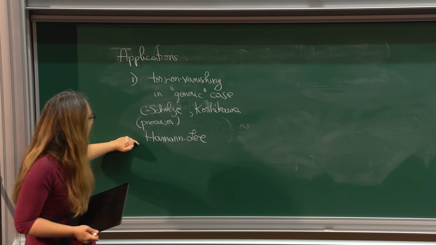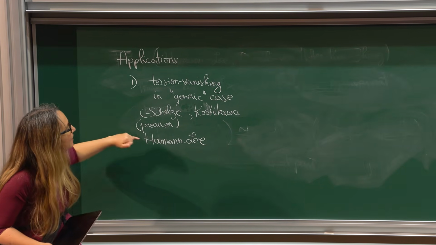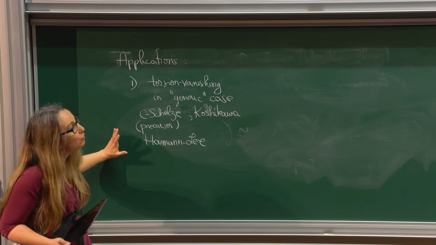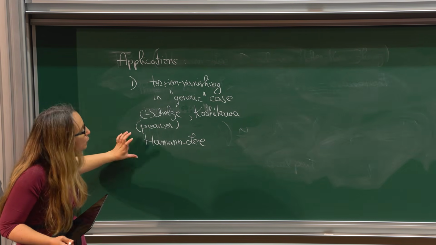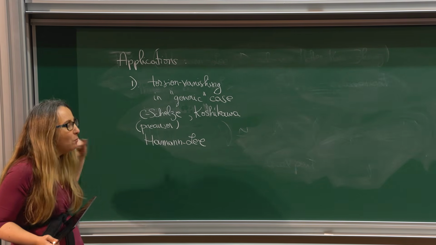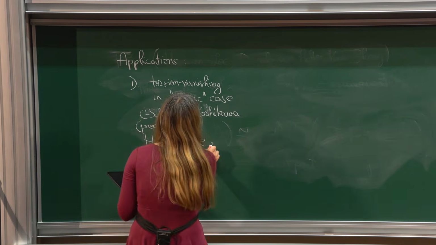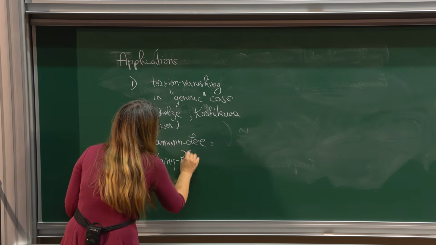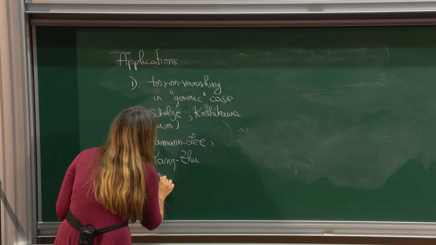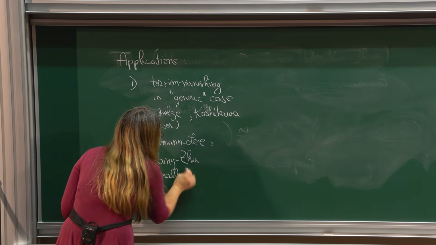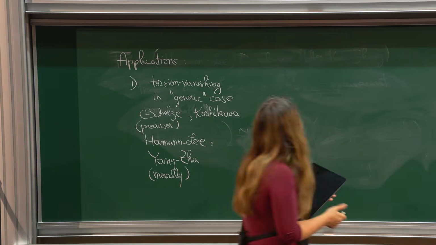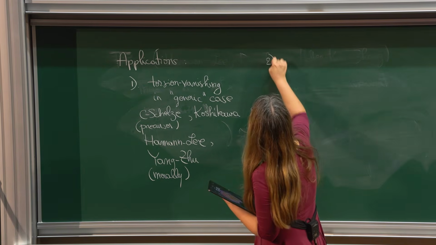So maybe the Igusa stack isn't strictly necessary for what they do, and one can still work with the Newton stratification, but the Igusa stack definitely makes what they do a lot more conceptual. And then morally, there's recent work of Yang and Zhu, where they don't literally use the same setup, but morally, they use the same formula. Okay, so that's one application.